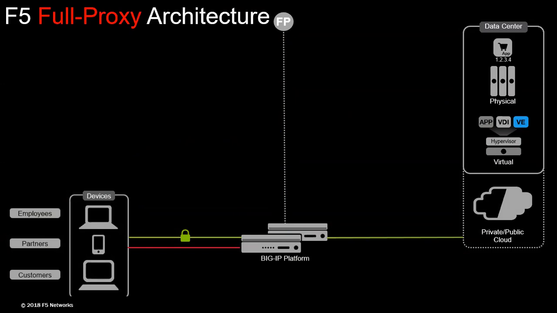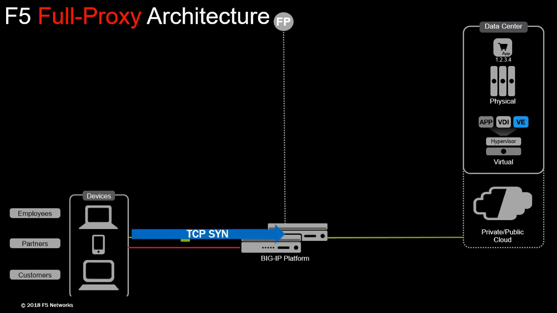Full proxy means that, for instance, when we do a destination NAT to an in-house web server, it acts as a proxy. That means you can easily get across to the web server. But what this does is that F5 stands in front of web services or web servers that you want people to be able to reach, and on their behalf, it intercepts traffic and directs traffic to them.